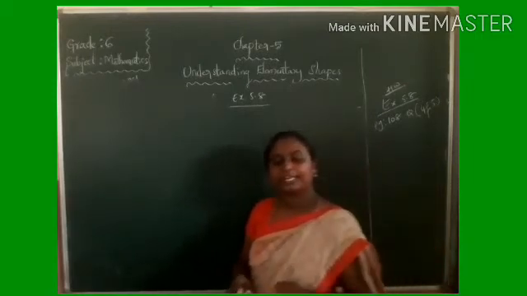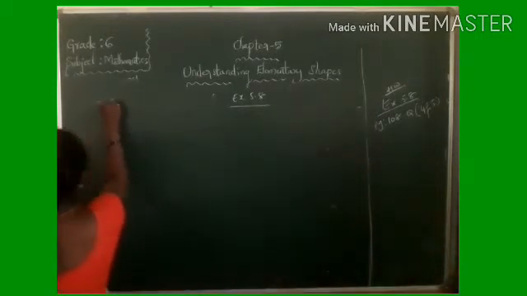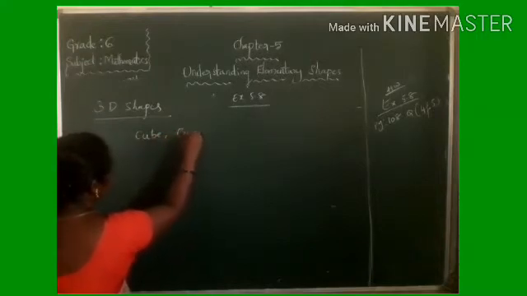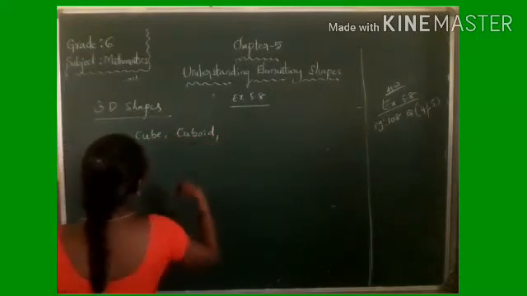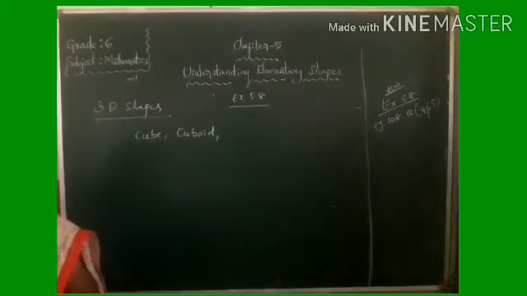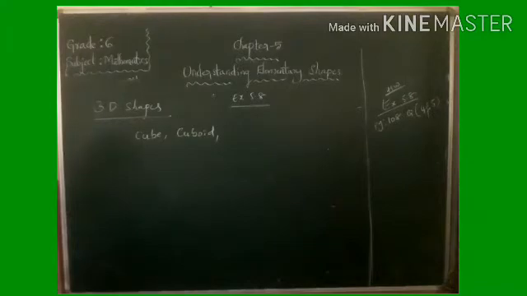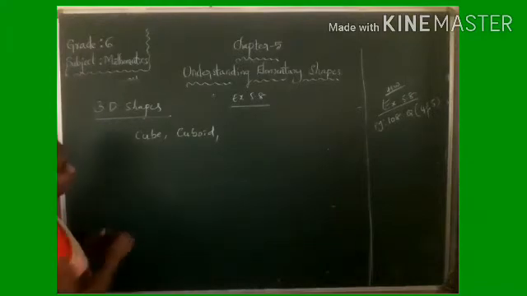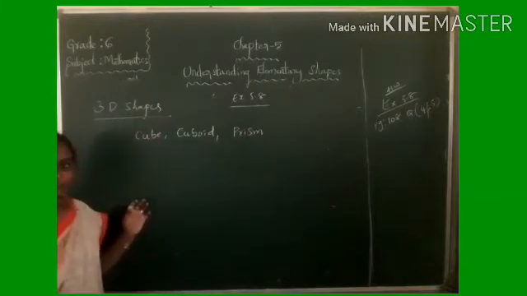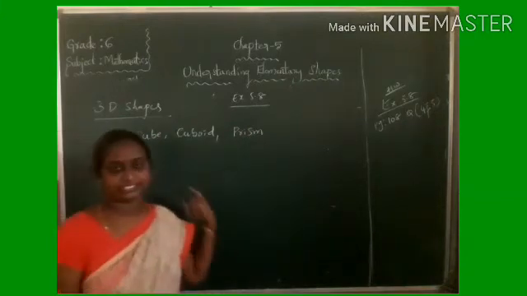So one example, tell me, what is a 3D shape? Yes, cube. Very good. Cuboid. And one more example for three-dimensional shapes. Triangular prism. Okay, prism, triangular prism. We have three-dimensional shapes.